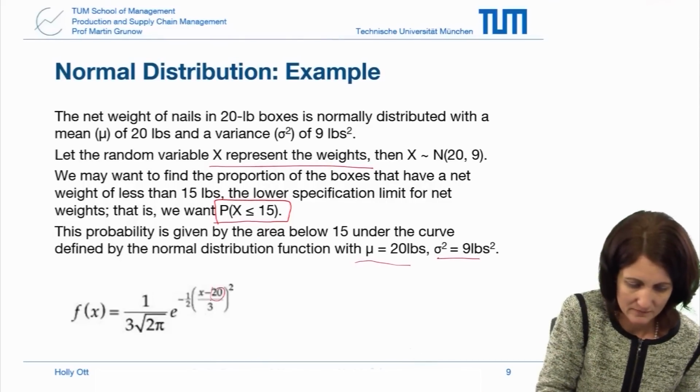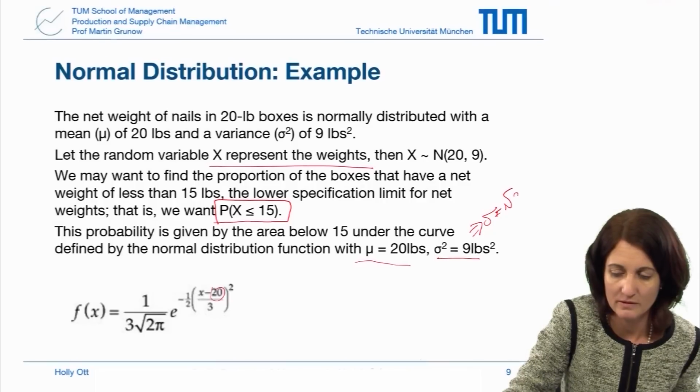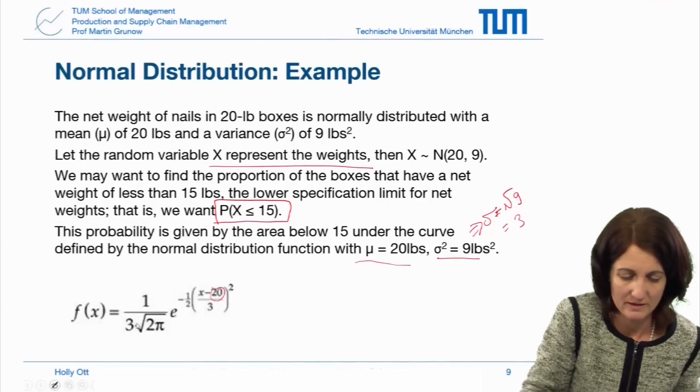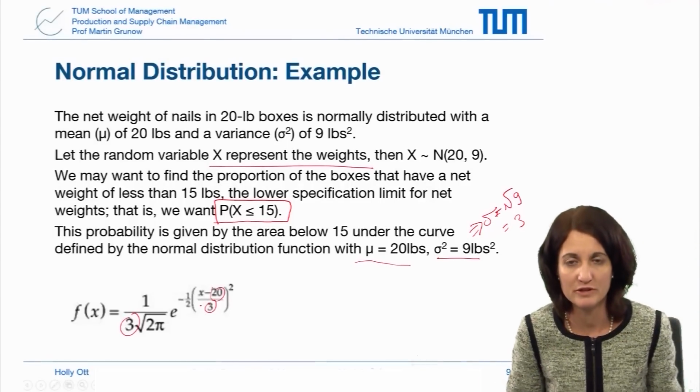And this would mean a standard deviation equals the square root of 9 equals 3. So we can see that also in our normal distribution function.